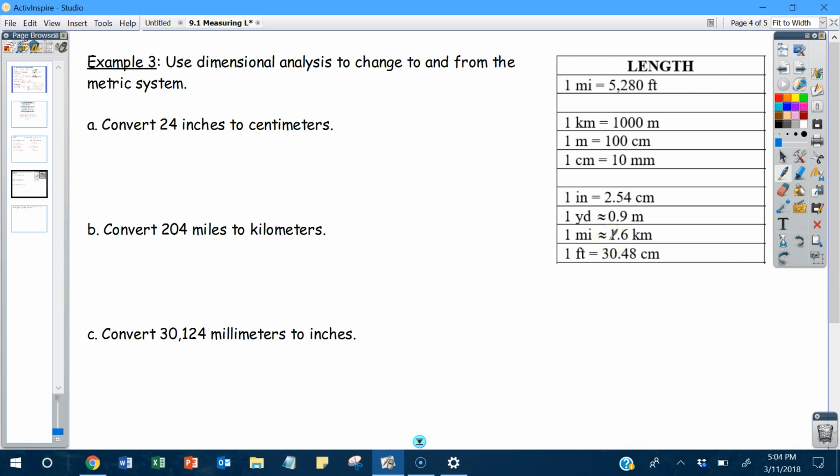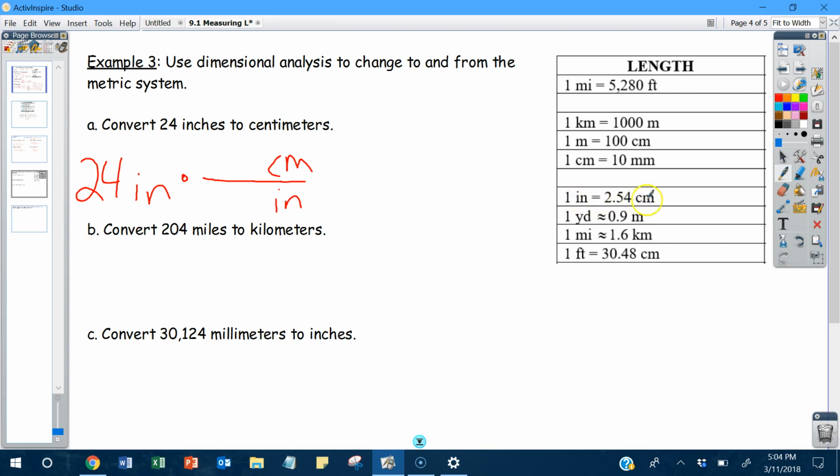So I'm going to go ahead and start, because now I've got all these conversions here. I'm going to start with 24 inches, and I want to convert it to centimeters. And I know that when I do dimensional analysis, I need inches to be down here so that they cancel. So centimeters goes here, and now I'll go over here and find, oh, okay, 1 inch is equal to 2.54 centimeters.